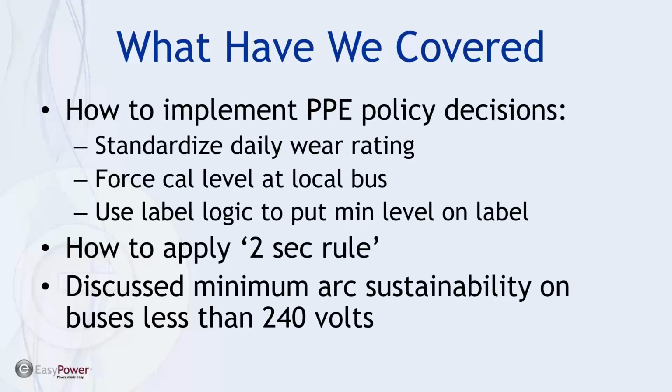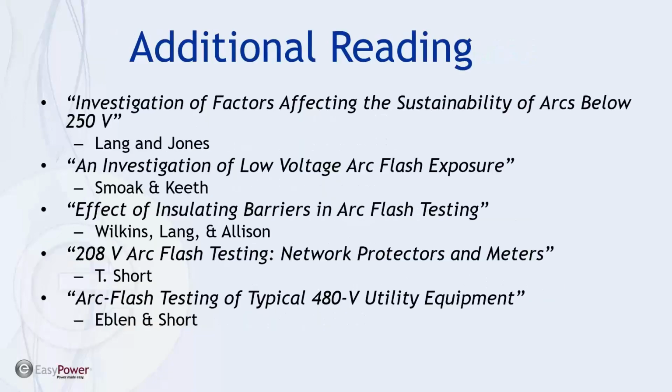And then finally, we discussed the minimum arc sustainability on buses less than 240 volts. And as I promised, here's a list of some of the papers that have been presented that discuss this sustainability issue, and I invite you to do a little bit of research if this applies to you.